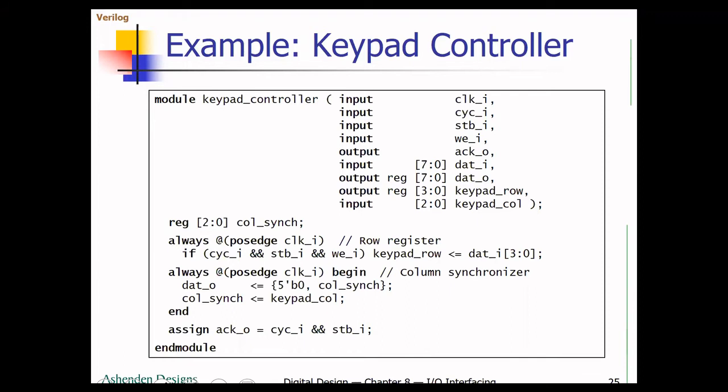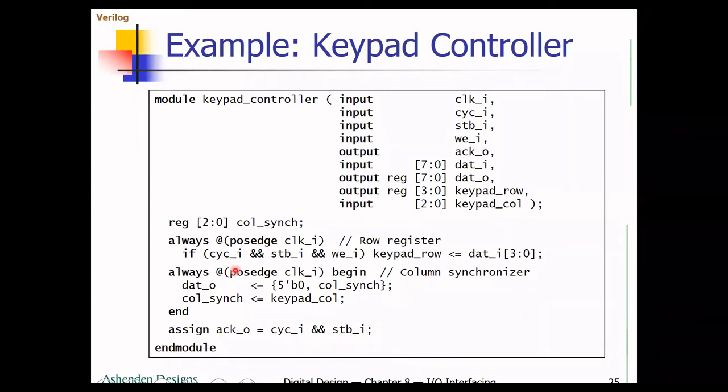Here you will have a reg column sync as a signal, and always at the passage of the clock, the row register will capture the data in from the processor and give it from the controller to the keypad.